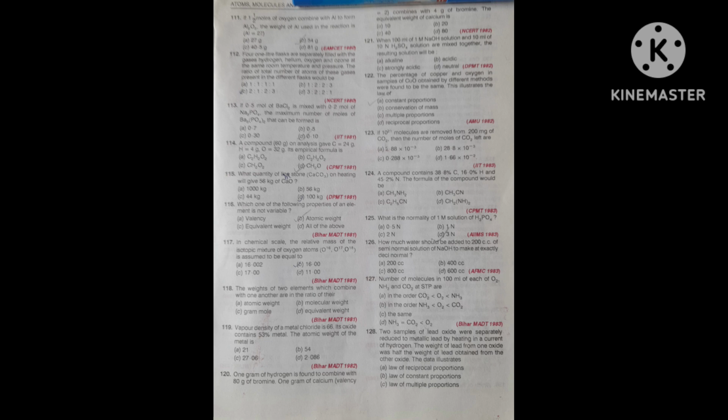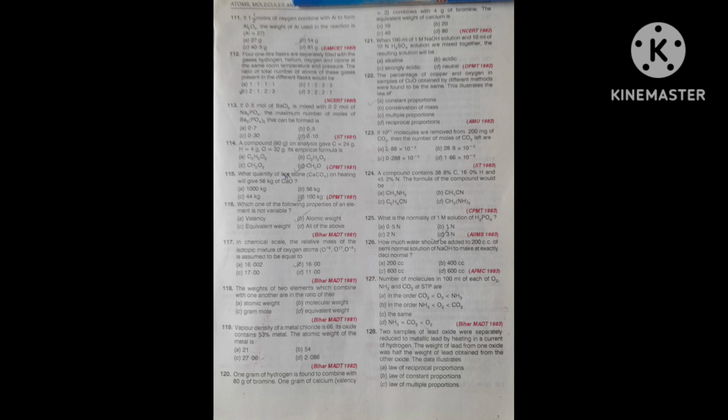After solving, it will come 1.66 into 10 to the power minus 3 mole. In terms of mole, you calculated 10 to the power 21 molecules means 1.66 into 10 to the power minus 3 mole.